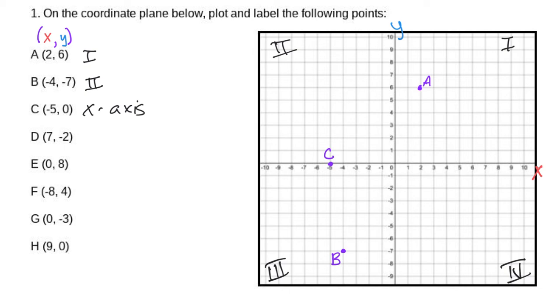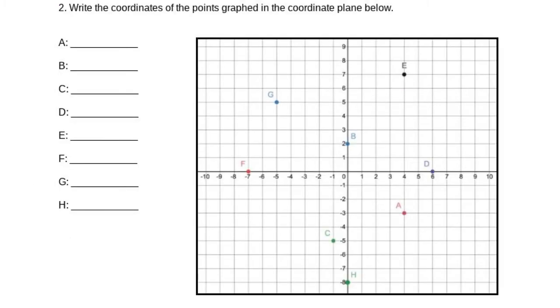So in addition to plotting the remaining points here, I want you to name what quadrant the point is, just like we did in the first 3 examples. For question 2, we're going to write the coordinates of the points graphed in the coordinate plane. Before I do that, I would like to label my axes and my quadrants.